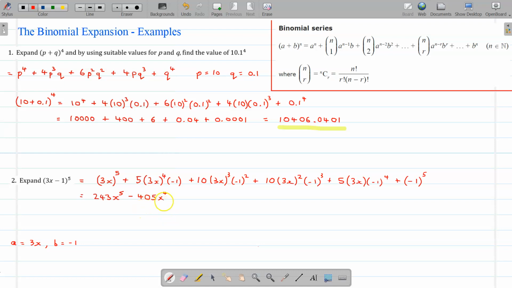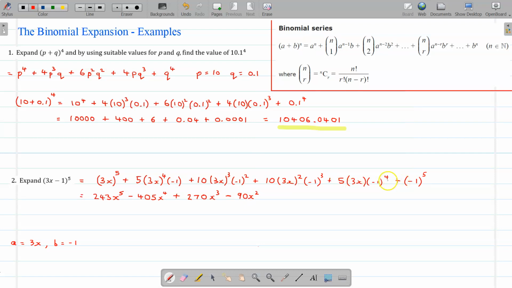Then I've got a plus term, and that's going to come from the minus 1 squared, which is going to be plus 1. 3 cubed is 27, times 10 is 270, so it's 270x cubed. Then I've got another minus term, because minus 1 cubed is minus 1. 3 squared is 9, and 9 times 10 is 90, so it's 90x squared.